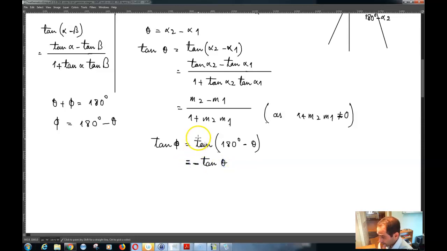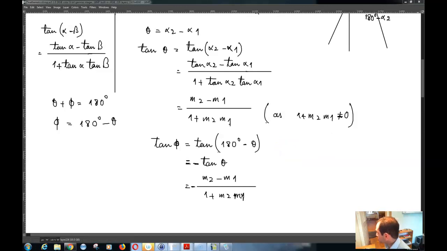And so you have negative tan theta here, and negative tan theta is basically this multiplied by a negative sign, which is the same thing as negative m2 minus m1 over 1 plus m2 m1. And of course, again, 1 plus m2 m1 is not going to be equal to 0.